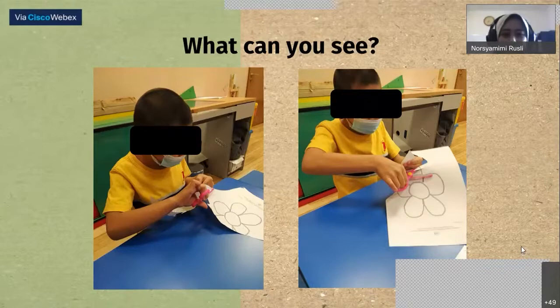And also look at the hand movement here. I think you can guess how he cut the paper. He's also having difficulties to hold the paper using the non-dominant hand. Can't hold the scissor in good position. That's true.